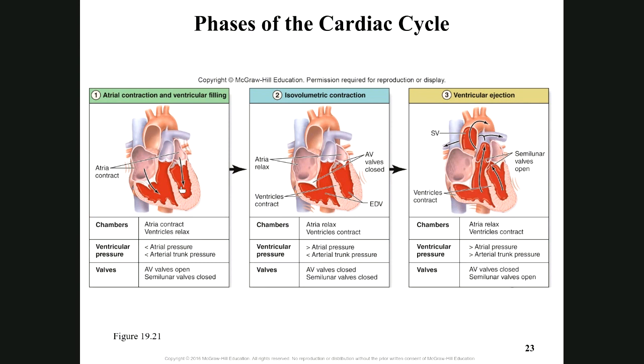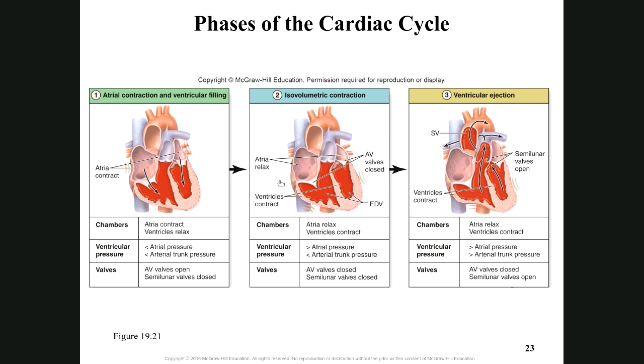You see that the AV valves, the right AV valve and the left AV valve, are open and the blood comes down, but the semilunar valve of the pulmonary trunk and the semilunar valve of the aorta are closed. The ventricular pressure is less than atrial pressure, and also it's less than the aorta and pulmonary trunk. Then we have the next step.